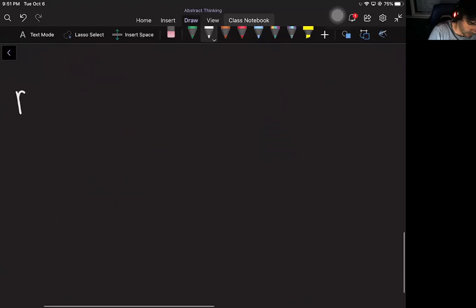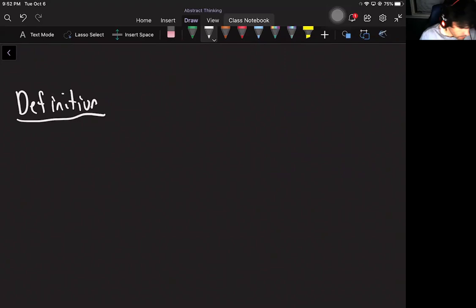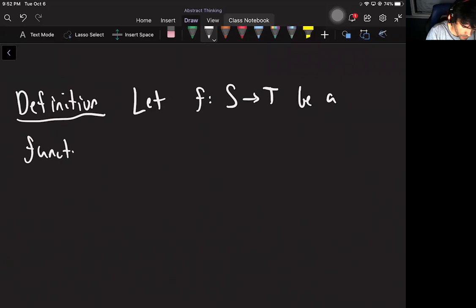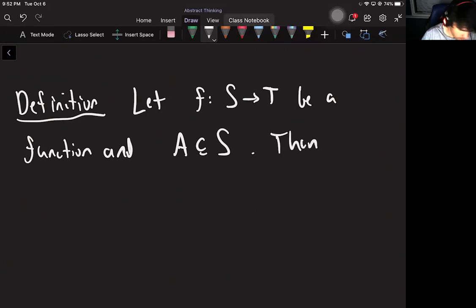Okay, so here's the definition that we are secretly working on this whole time. So if you have a function that goes from a set to another set, so I'll call it S and T, and you have a subset of the domain, so A lives in S, so it's just some of the stuff in S, then the set you create by sending A over is called the image.